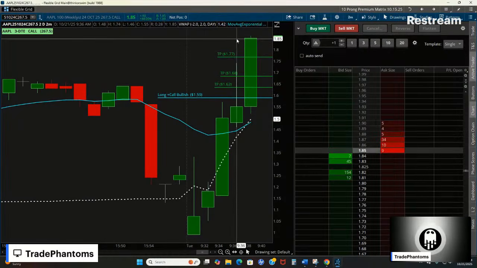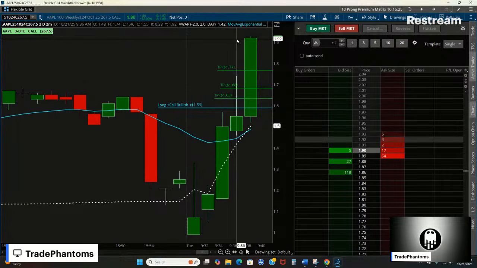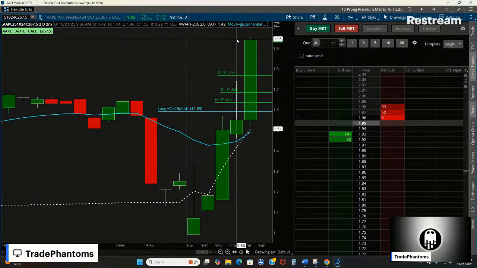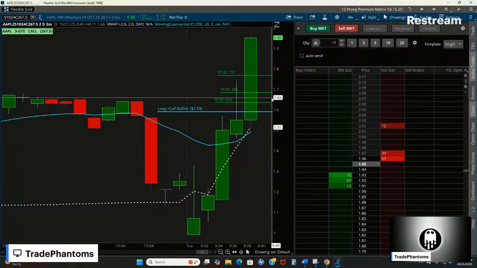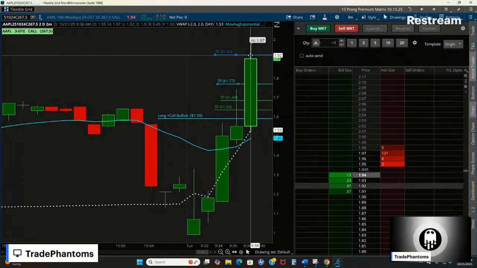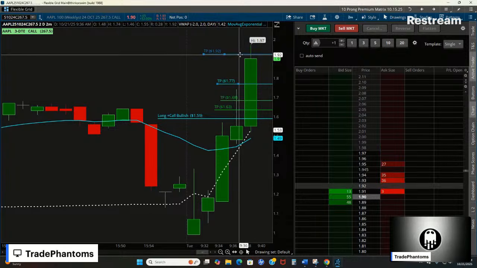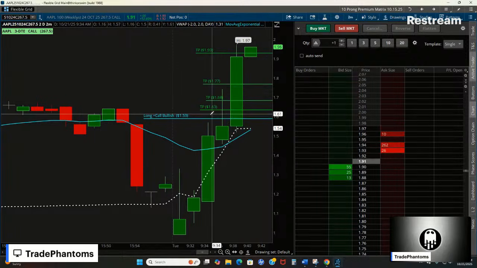Unload some more here. All right. Nice little pop there, if you snag that. All right. Stop loss can be at break even. This can't hurt you no more.